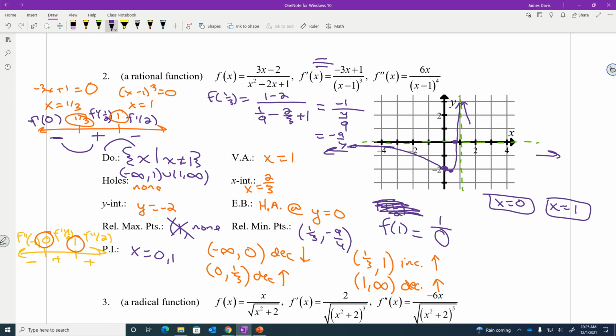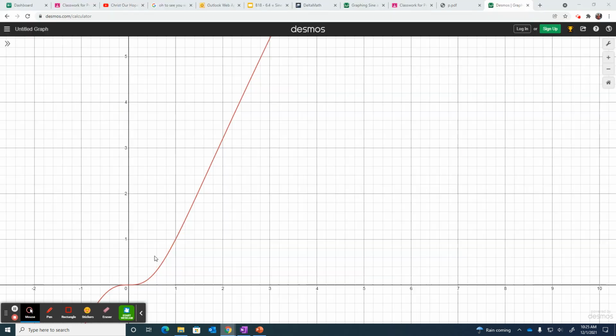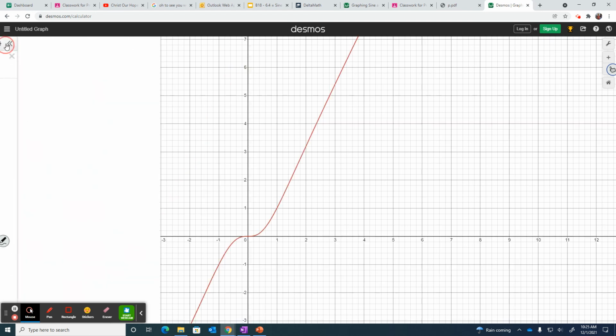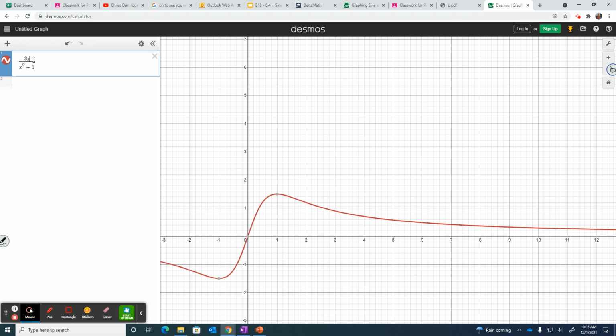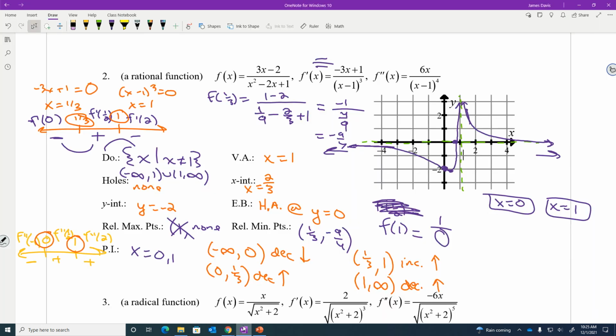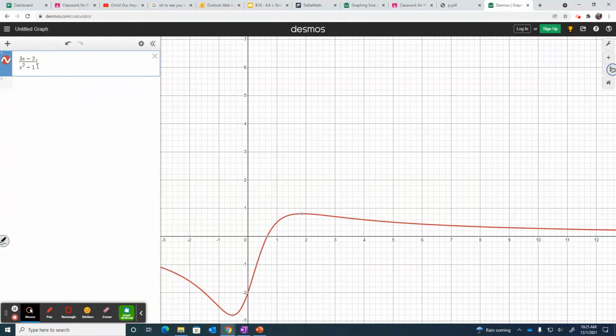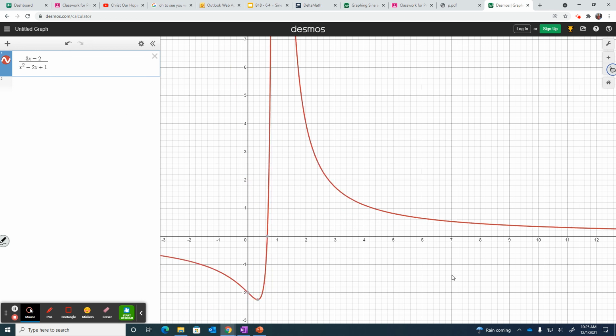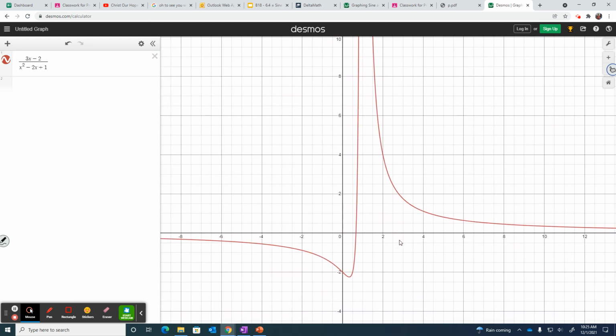The fact that it's decreasing up means we're going to start from up there and just sort of go like that too. And let me just real quick see how close we were here. So yeah, it looks pretty good.